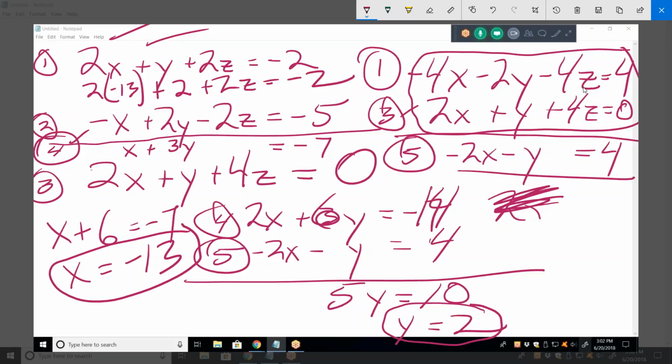And if you do all that math, you get minus 24, that's plus 26. z is going to be 13. And that's the way you do most 3 equations and 3 variables.